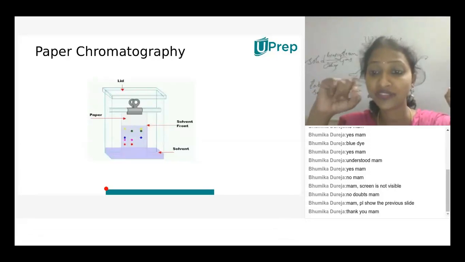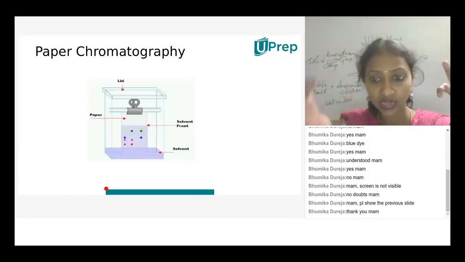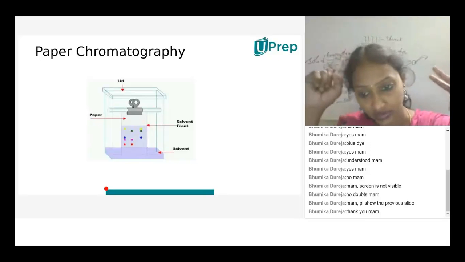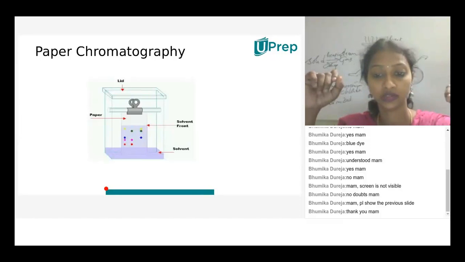The component with less affinity will be present near the start, and the one with more affinity, more strongly held by the paper, will be present at the last. So we can see the solvent front and the different components present in the black ink.